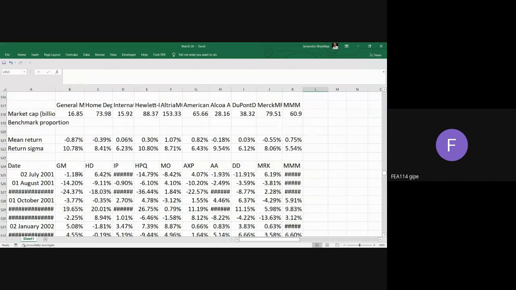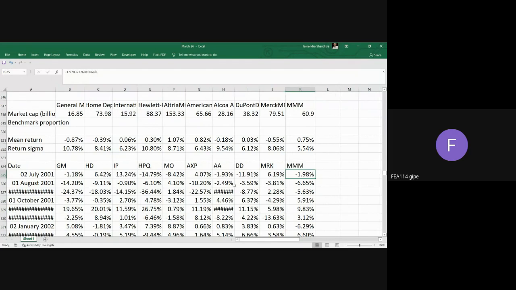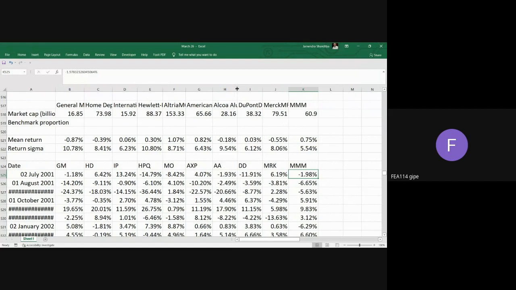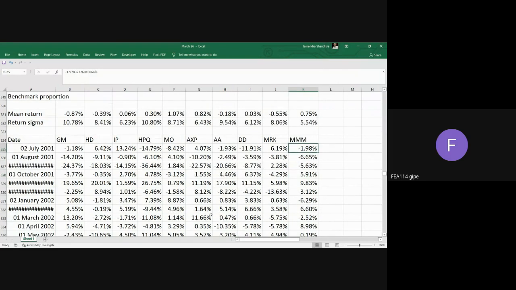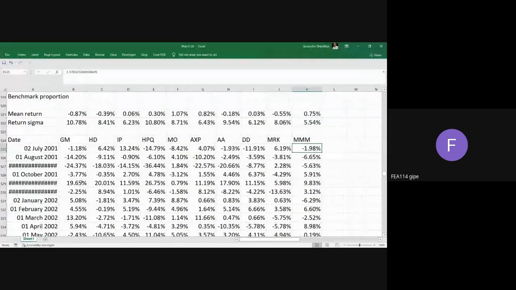So the returns are already given. For example, Mark, what we calculated is already here for the past. This is monthly return. Remember, this is monthly return, and then we have the dates also.